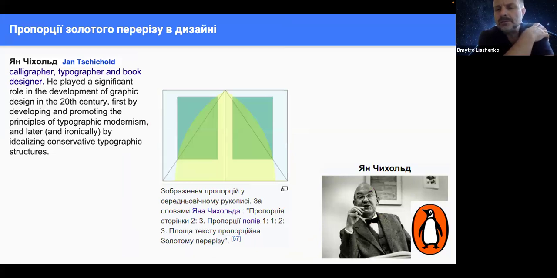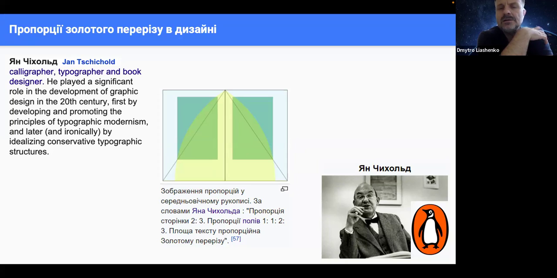Jan Tschichold is called a calligrapher, typographer, and book designer, who played a significant role in the development of graphic design in the 20th century, first by developing and promoting the principles of typographic modernism, and later by idealizing conservative typographic structures.